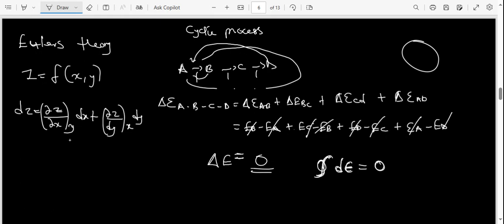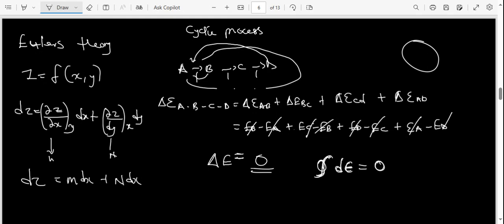Then from there, when these two things are equal, let me show you something. This is about Euler's theory. Suppose I write this one as m and this one as n. So I'll say dz is equal to m dx plus n dy like that. I just want to write them easily.